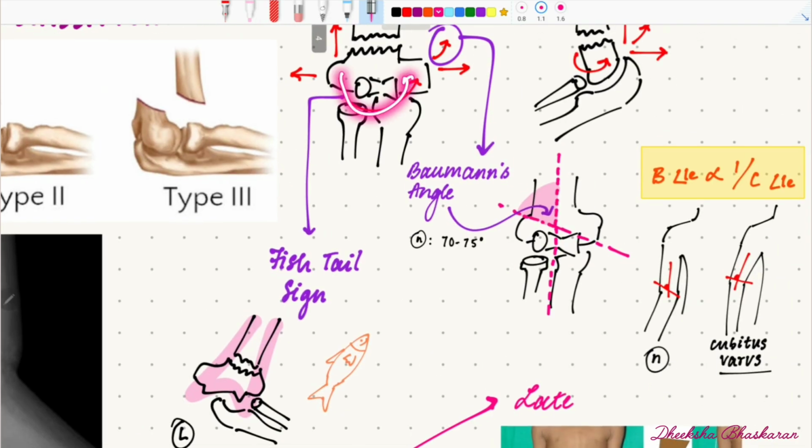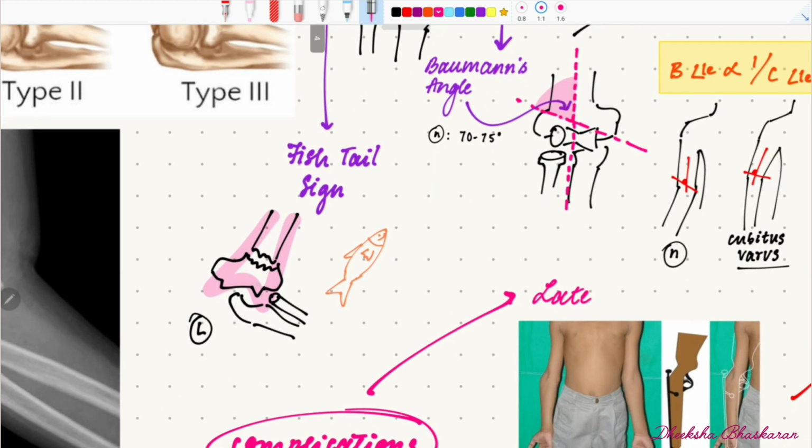If there's internal rotation of the distal fragment, what we would ideally see posteriorly from the posterior view would come to lie laterally, and we would see the posterior segment from the lateral view. So that means the lower aspect has internally rotated.